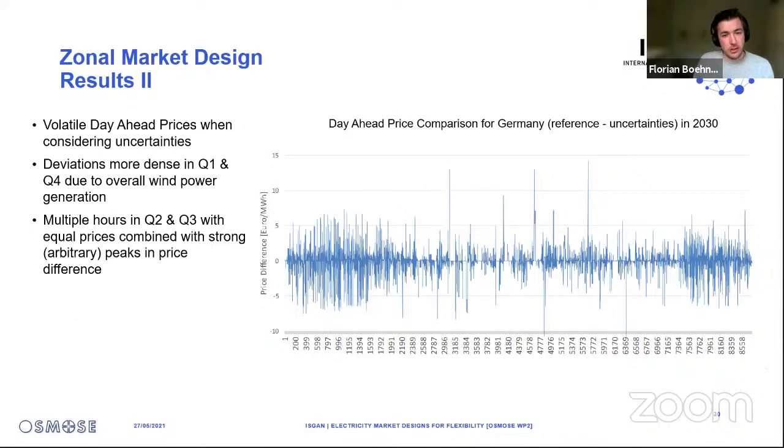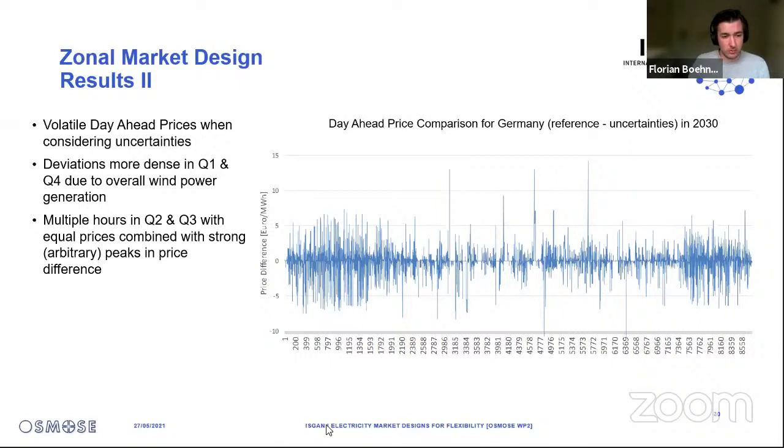Right, here I plotted the day ahead prices on an hourly basis, basically the price differences between the reference scenario and the uncertainty scenario. And we see 2 main points in this chart that I want to talk about. First one is we have very dense deviations in both directions in Q1 and Q4.